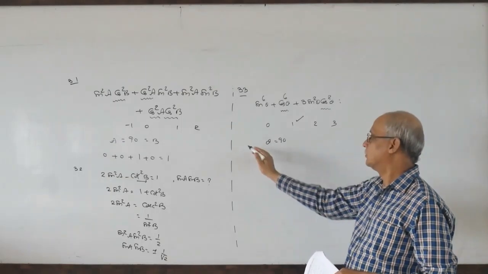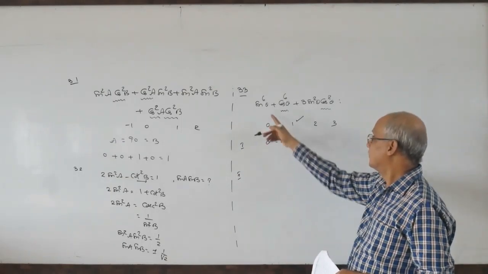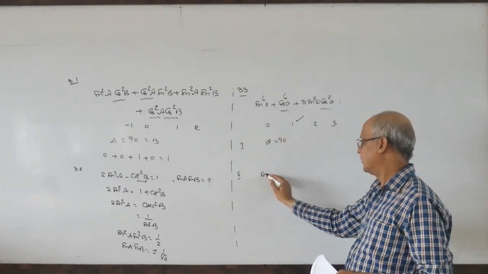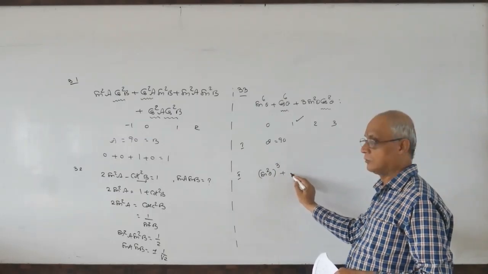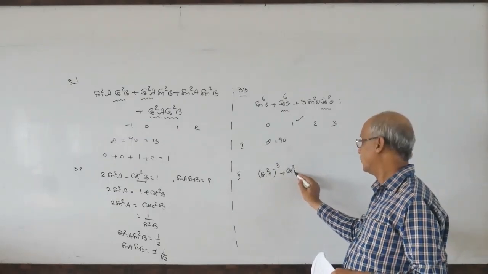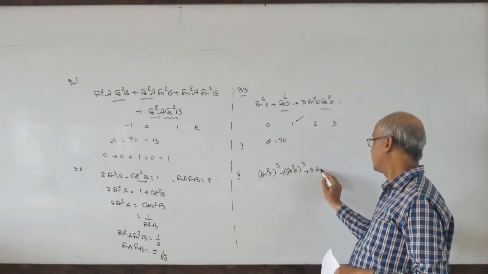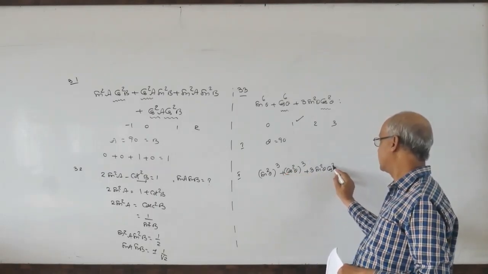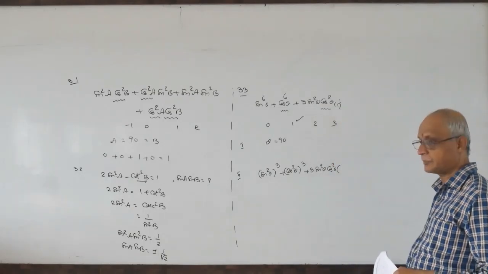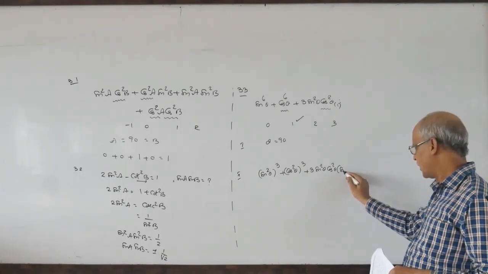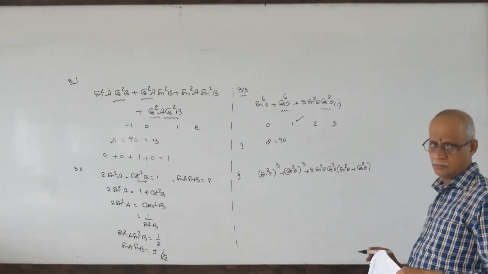Second method I will tell you. That is also a better option. You write this sin power 6 as whole cube, this as whole cube. 3 sin square theta cos square theta into 1 is there. That 1 we are writing as sin square plus cos square.